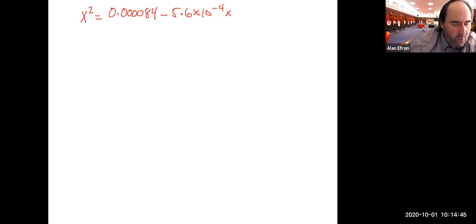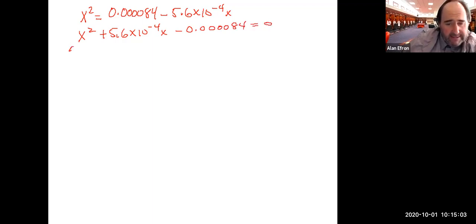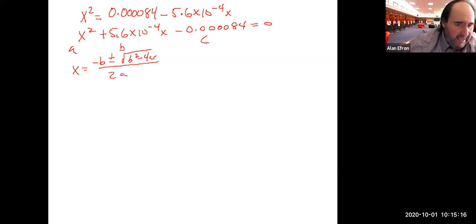Bringing everybody to one side gives us x squared plus 5.6 times 10 to the minus 4 x minus 0.000084. You could do scientific notation there. This again is going to give us our A, B, and C that's going to go into our x is equal to minus b plus or minus the square root of b squared minus 4ac, divided by 2a.